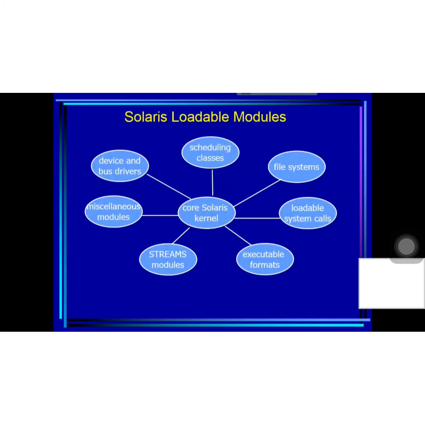The Solaris operating system structure shown in this figure is organized around a core kernel with seven types of loadable kernel modules. Linux also uses loadable kernel modules, primarily for supporting device drivers and file systems.